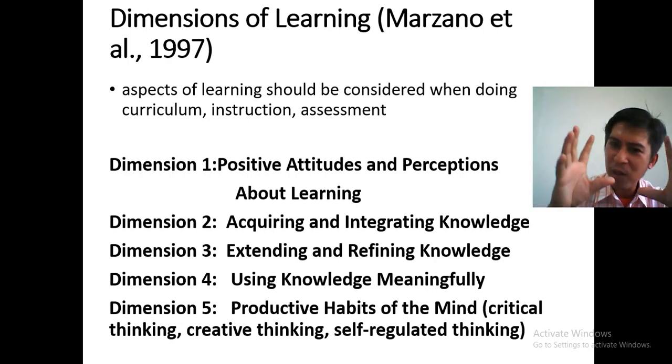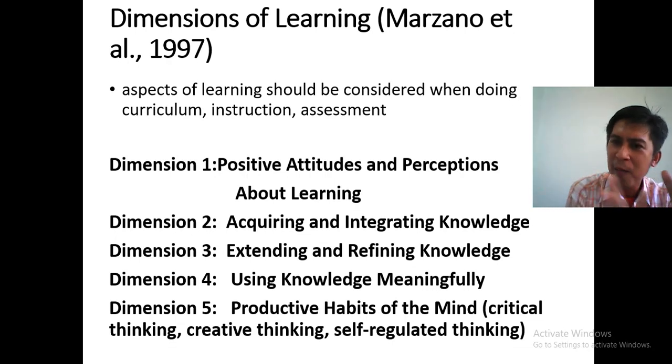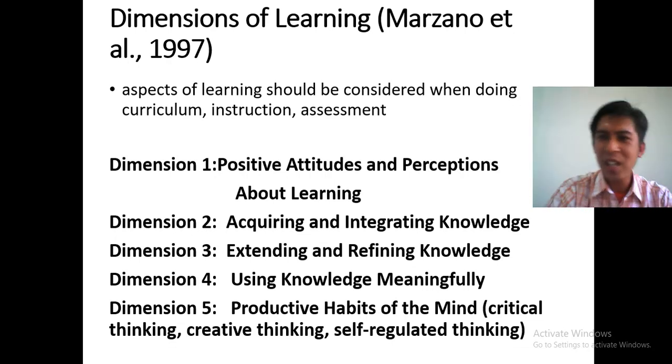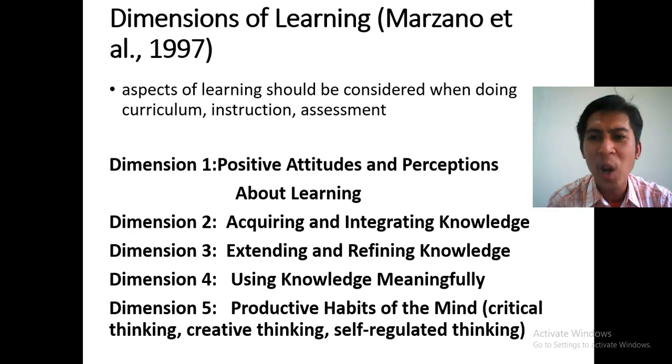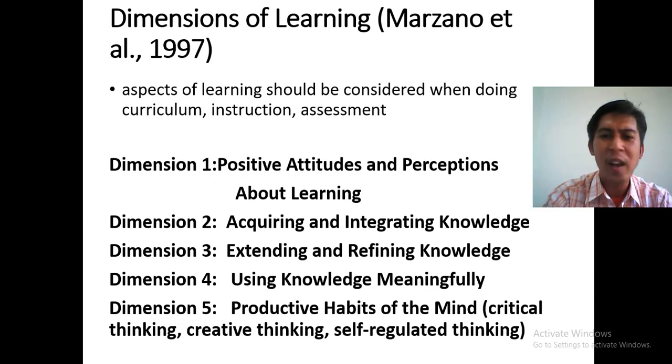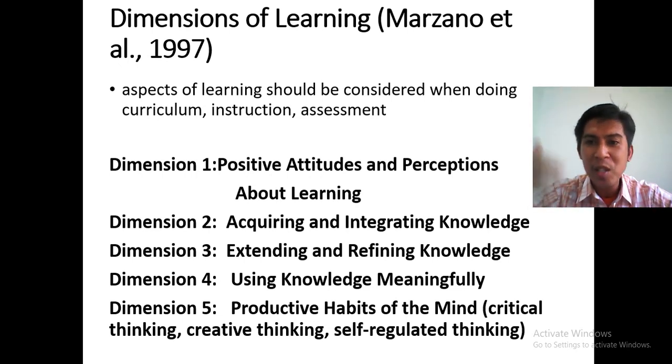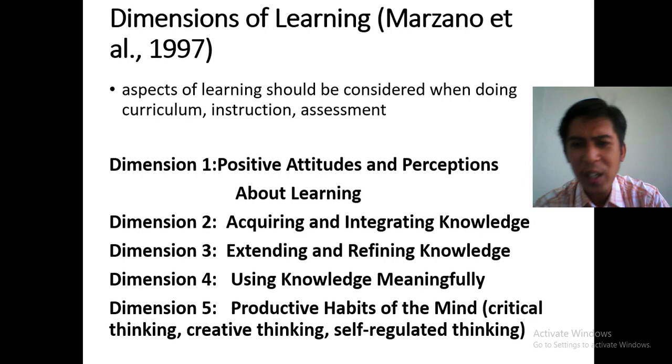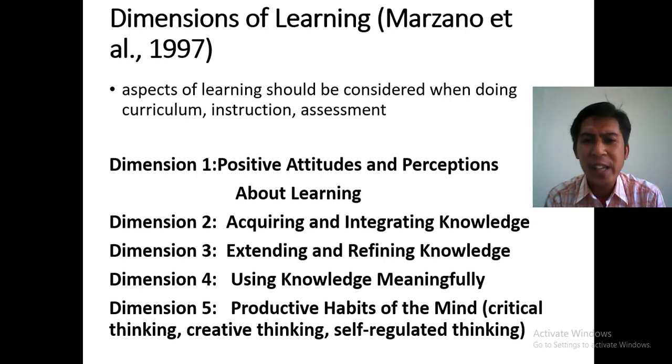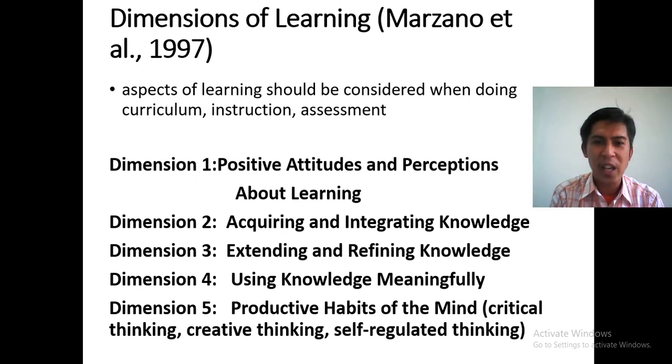Then when that step, that dimension is clear, then move to using knowledge meaningfully, transfer of learning, applying what has been learned to various contexts, to various real life situations. And then the dimension of productive habits of mind, extending more to critical thinking, creative thinking, invention, self-regulated learning, thinking, I should say.